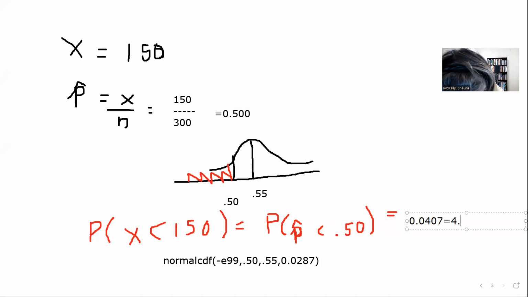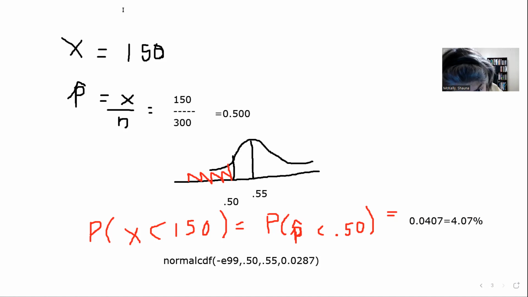You get 4.07% as your answer. That is part C of this question.